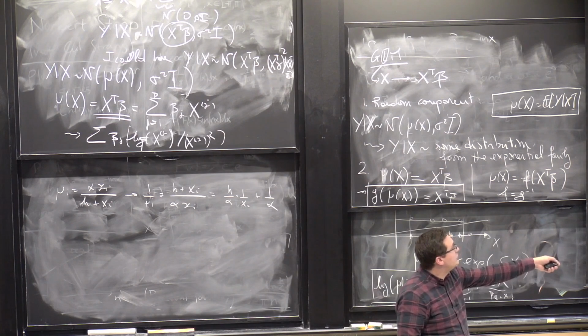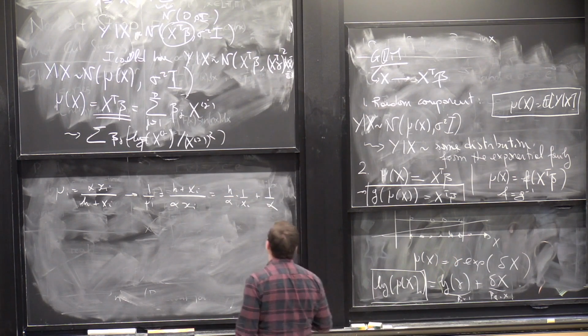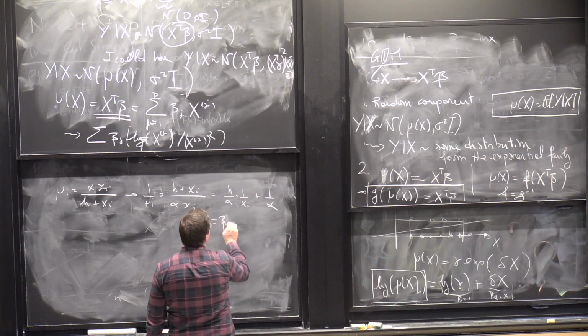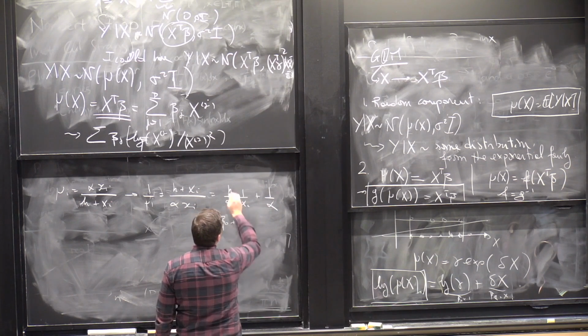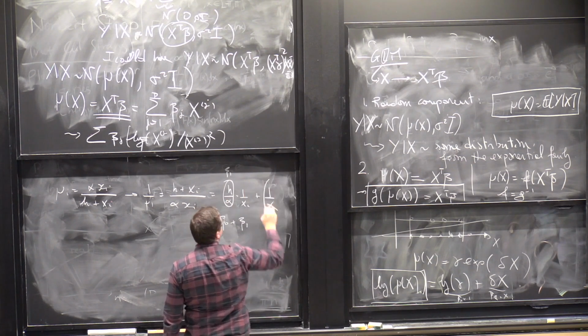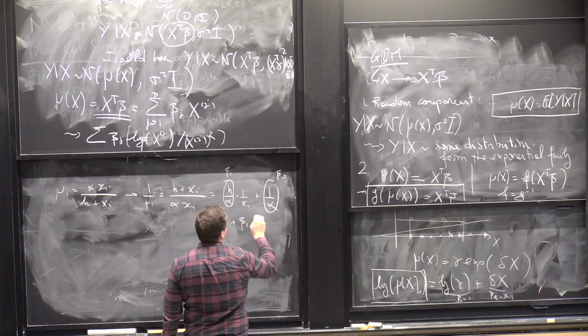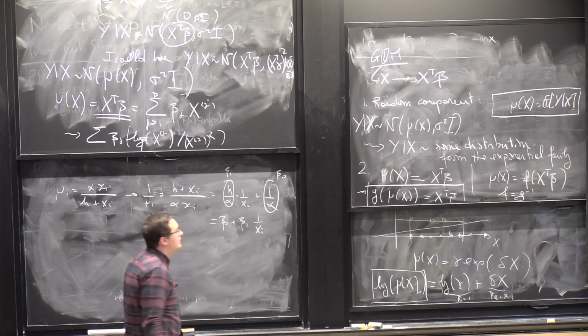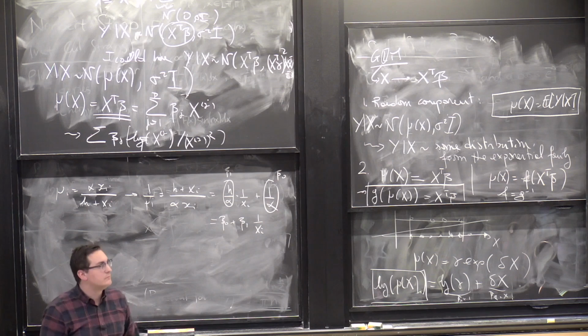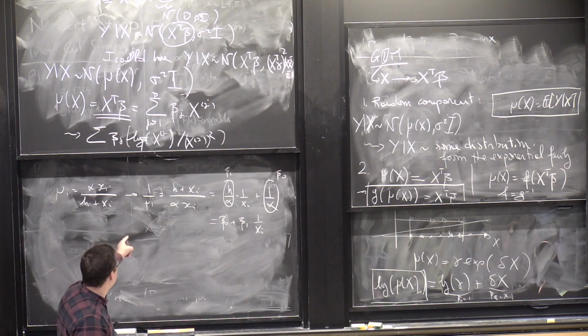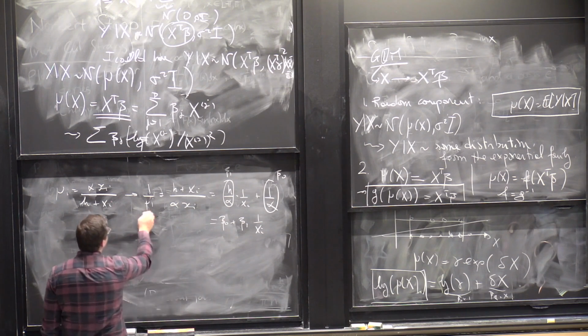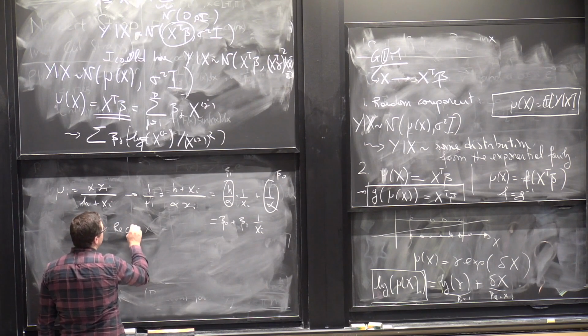Then I'm just going to think of this as some linear function, beta 0 plus beta 1 times 1 over xi. Now my new variable becomes 1 over xi, and now it's linear, and the transformation I had to take was this 1 over x, which is called the reciprocal link.